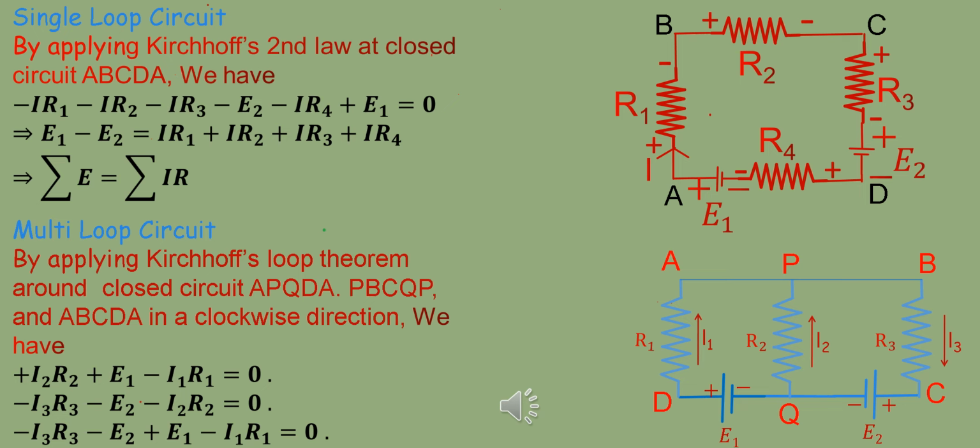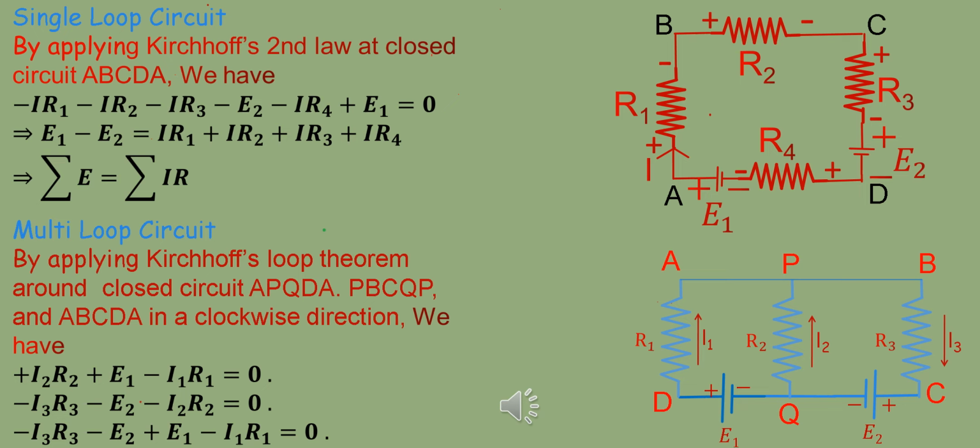And when we go from the minus terminal to the plus terminal of battery E1, potential will rise, and the potential rise will be plus E1. And when we come back to point A, the potential change will be 0 according to Kirchhoff's second law. So the sum of all voltage changes is equal to 0.